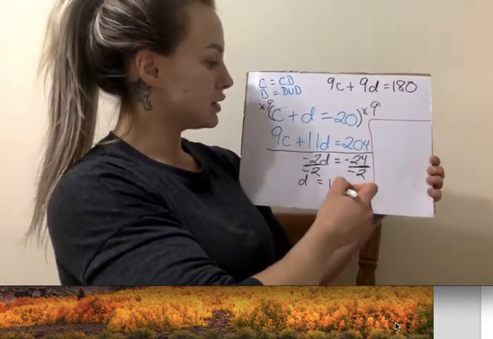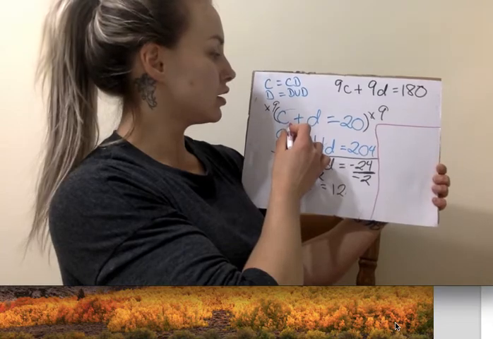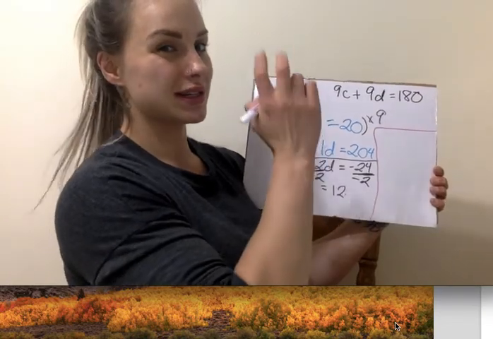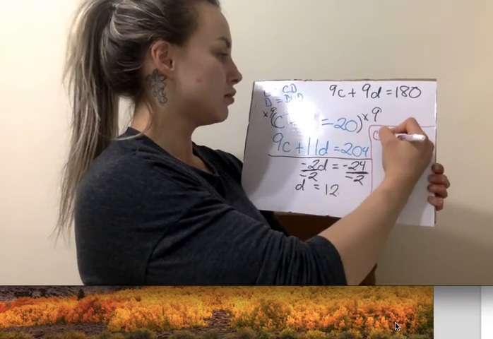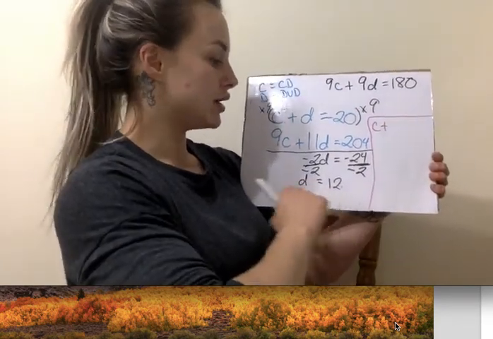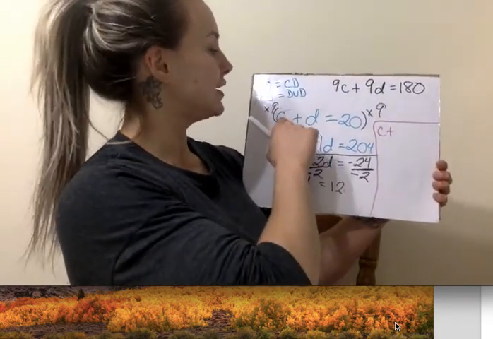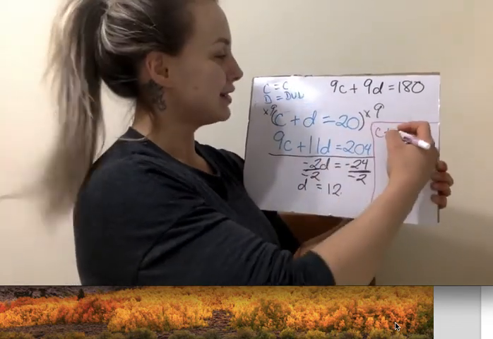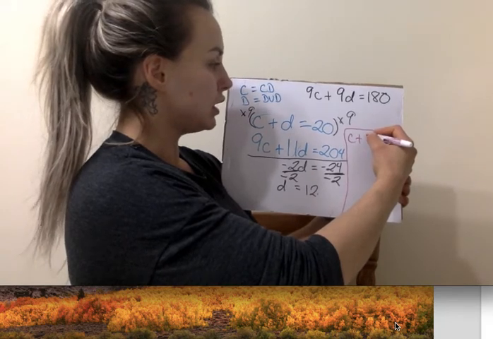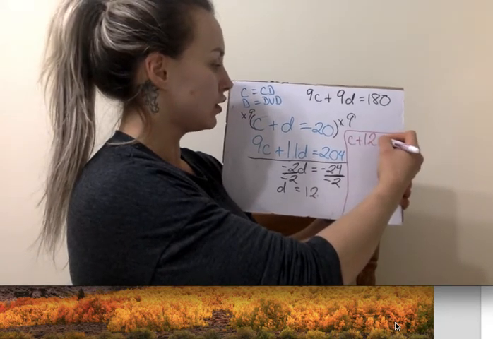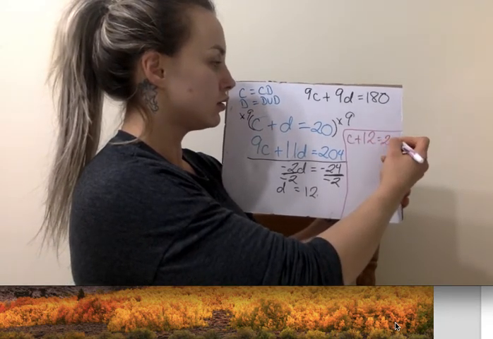So we're going to take this and plug it back into here because this equation is more simple than this one. So we're going to do C plus, because we found out how many DVDs, we now need to find out how many CDs. So we're going to do C plus, plug our D in, 12 equals 20.